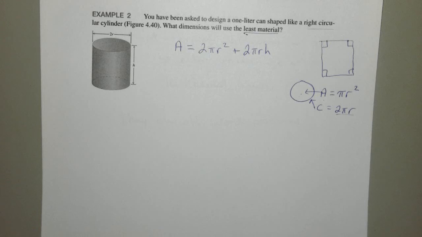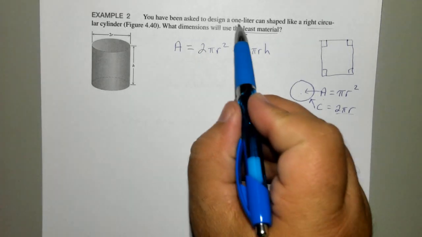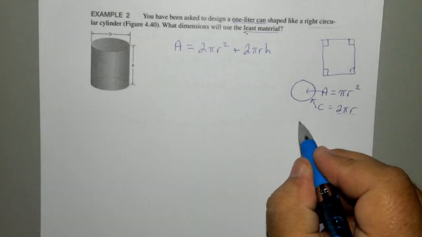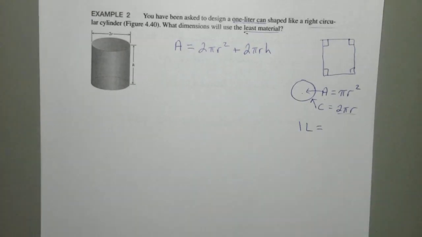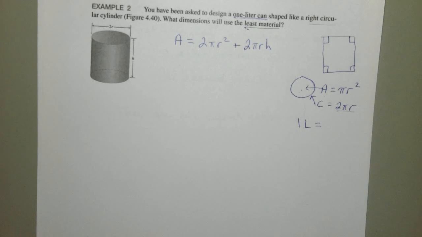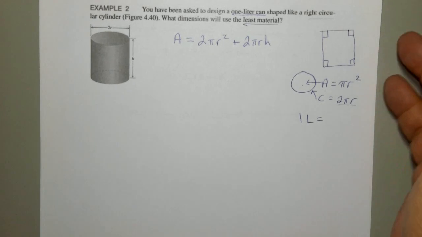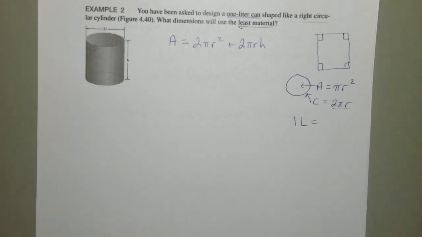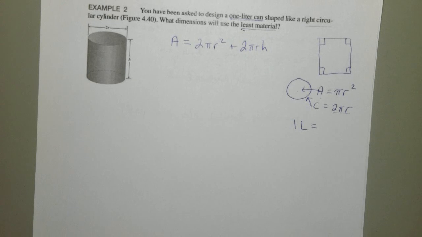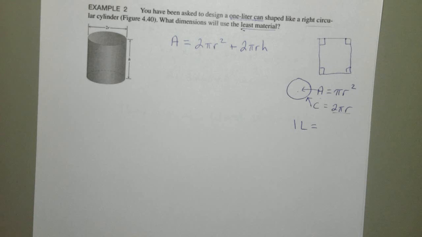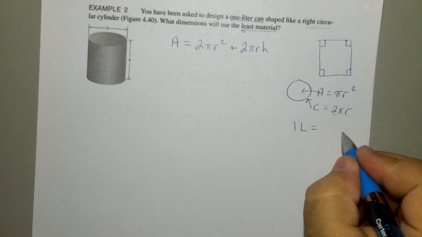What are we looking for? Well, it's got to be what? A 1 liter can. Typically, when you look at volumes for fluids, you use centimeters.